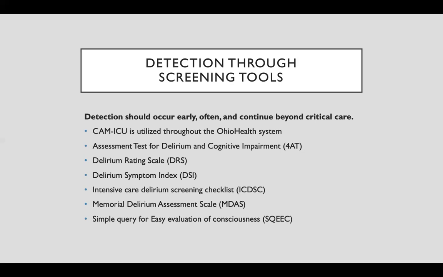Assessment tests for delirium and cognitive impairment are also known as the 4AT, the Delirium Rating Scale, or the DRS, Delirium Symptom Index, the DSI, Intensive Care Delirium Screening Checklist, or the ICDSC, the Memorial Delirium Assessment Scale, MDAS, and the Simple Query for Easy Evaluation of Consciousness, the SQEEC.